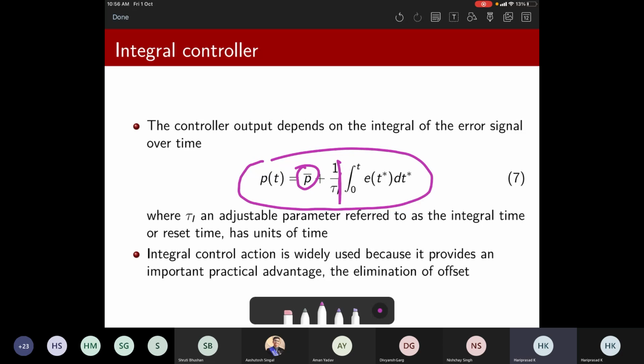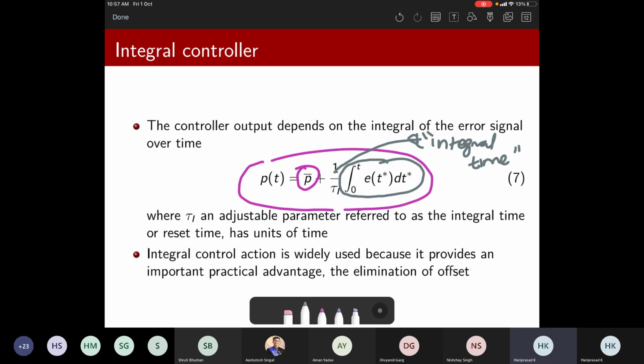There would be a scaling time, which is generally known as integral time, tau I. This integral time is a scaling factor like Kc there, but it's a divisor here, okay? And the total error is integrated from 0 to t, and this is the factor.